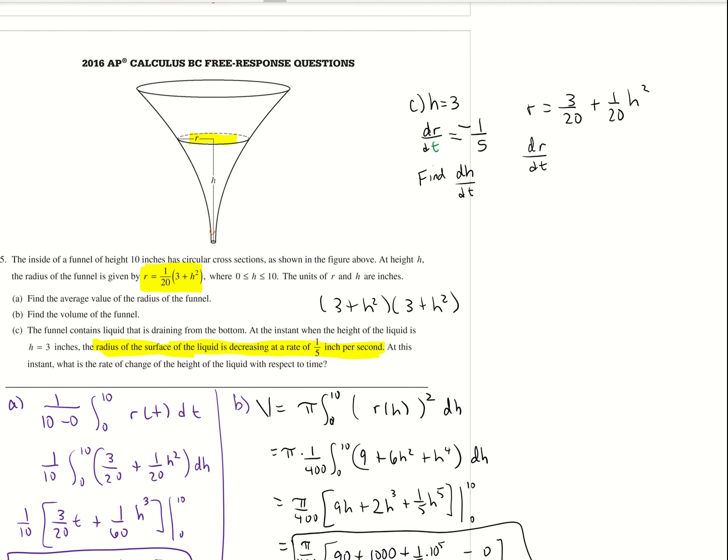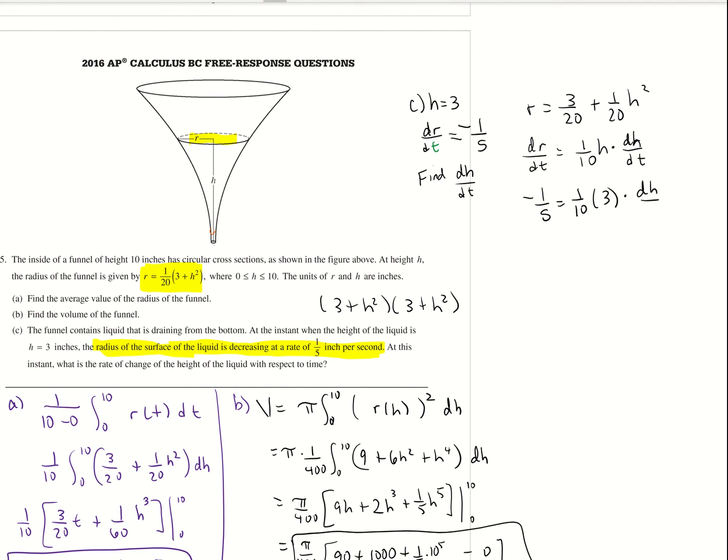All right, so I have dr over dt, derivative of a constant will zero out. And then this would be 2 over 20, or 1/10, h times dh over dt. Make sure you're doing this implicitly with respect to time. That's h. Doing great.